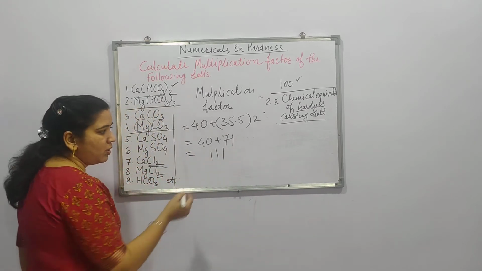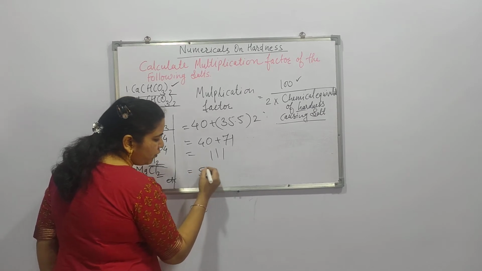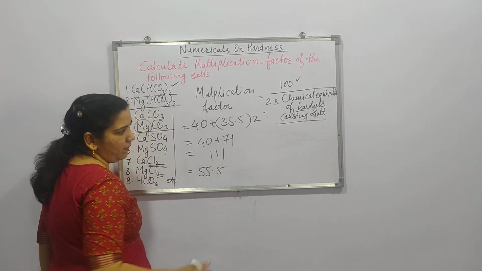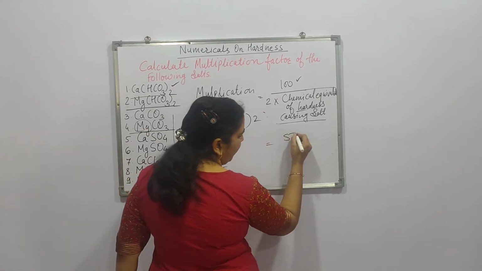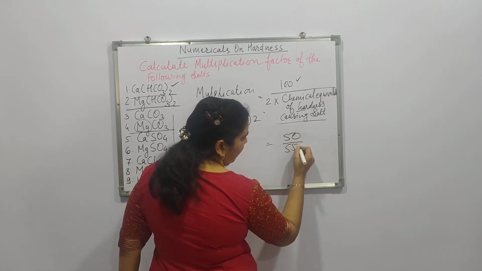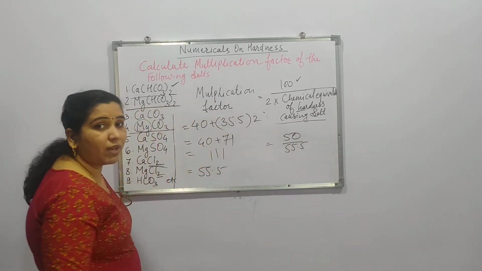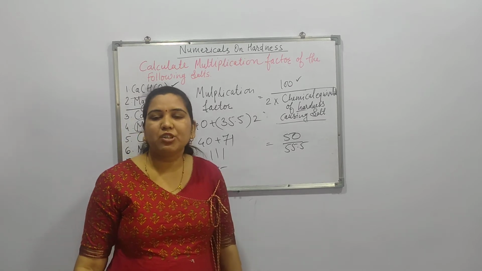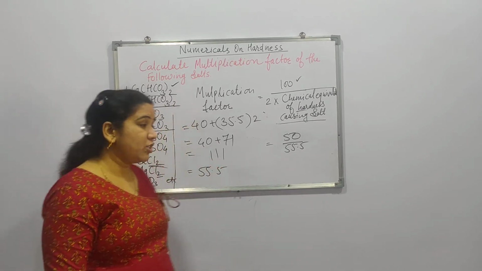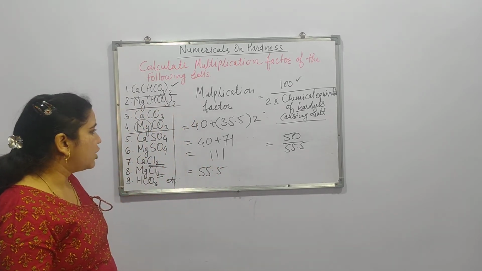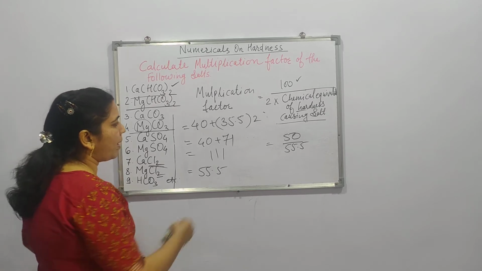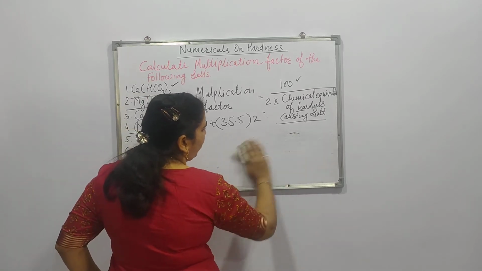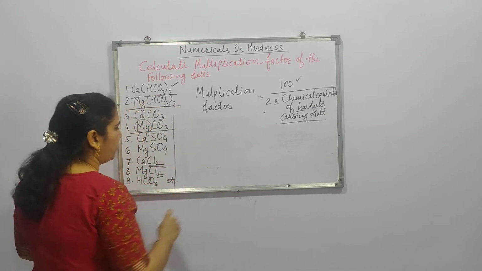It is the molecular weight, so the equivalent weight is 55.5. So 50 upon 55.5 is the multiplication factor of calcium chloride.